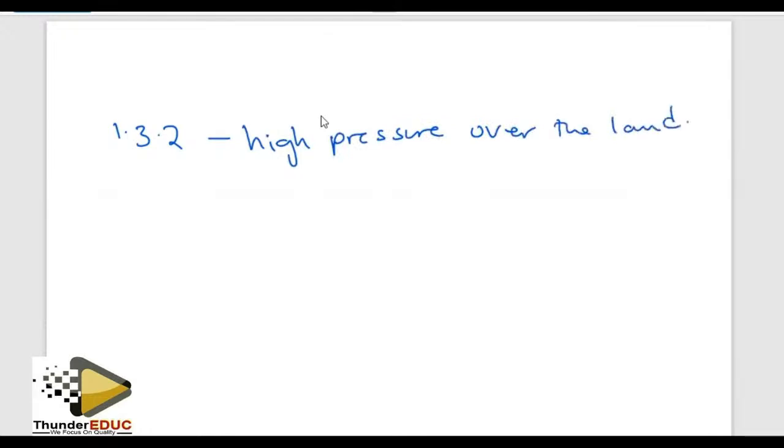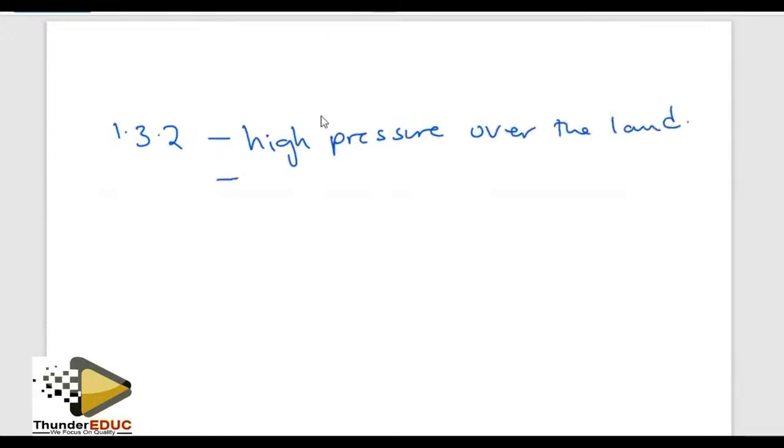Question 1.3.2. Yes, so we said there is a high pressure cell over the land or dominating the land.